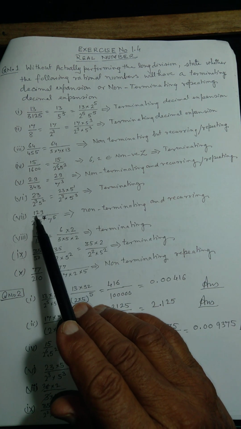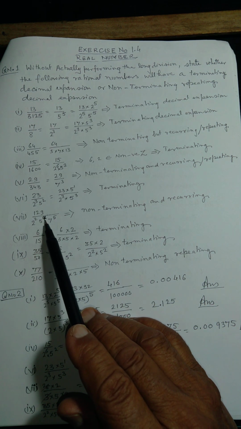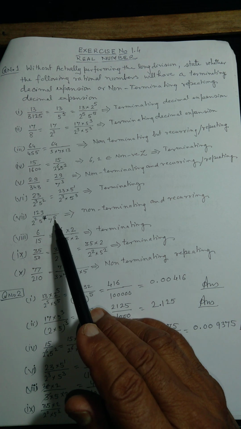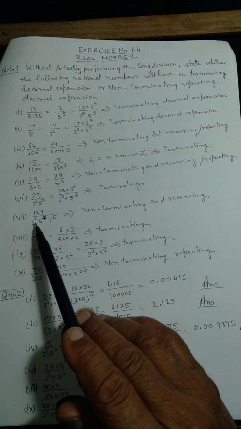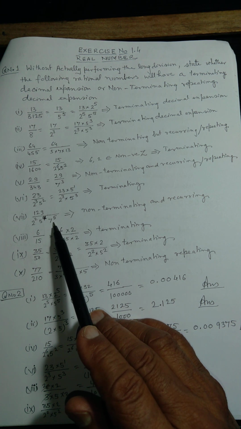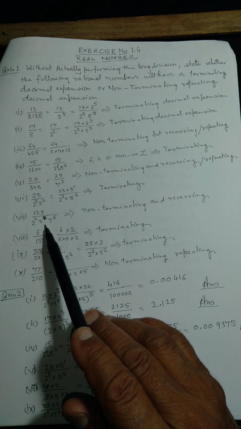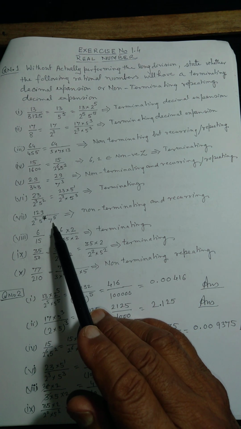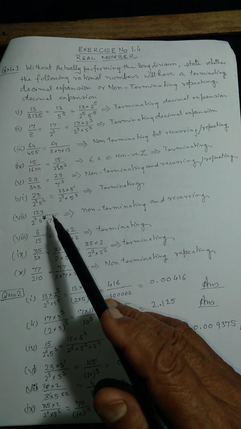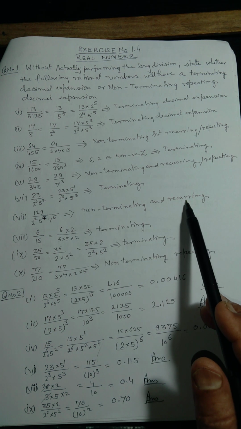Now you see 129 upon 2 raised to power 5, 5 raised to power 7 and 7 raised to power 5. So in addition to 2 and 5, we have 7 also. As any prime factor other than 2 and 5 is present there, straightaway you can say that it is a non-terminating and recurring decimal expansion.